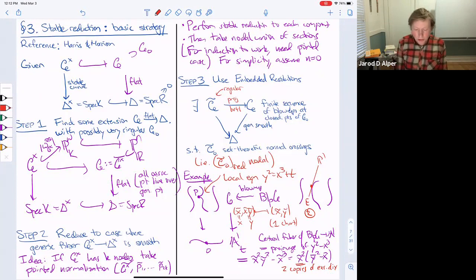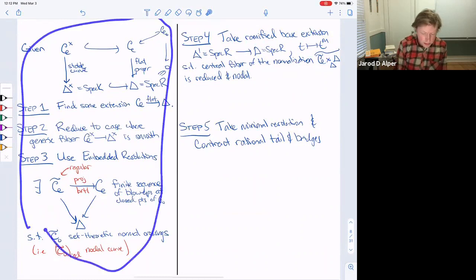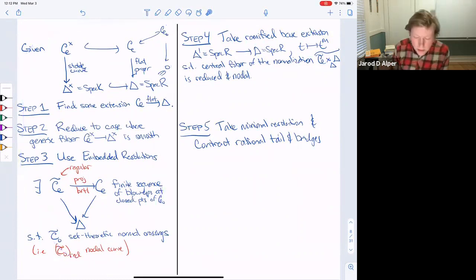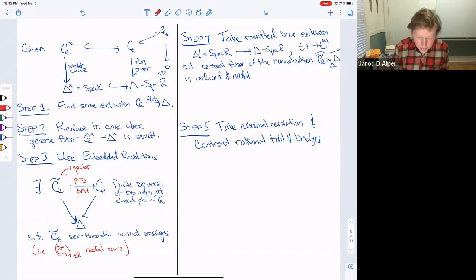Now I'm going to quickly summarize the next 2 steps. This is where all the action is. So on the left-hand side, I just summarized where we were. This is just the first 3 steps as I explained. And now step 4 is you want to make the central fiber reduced, and so you perform a ramified base extension such that the central fiber of the normalization of this is reduced and nodal.